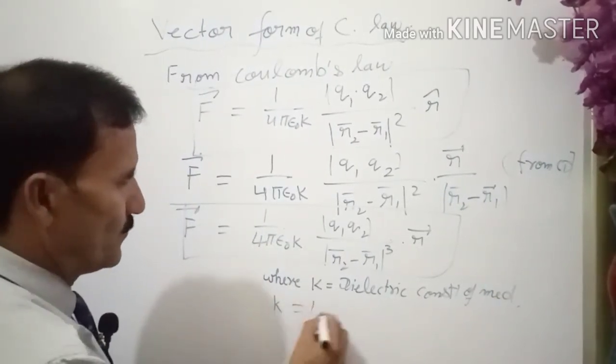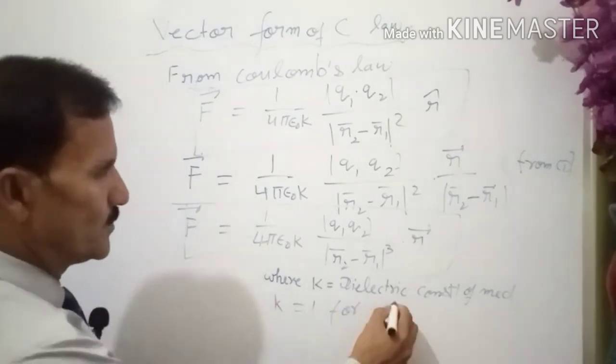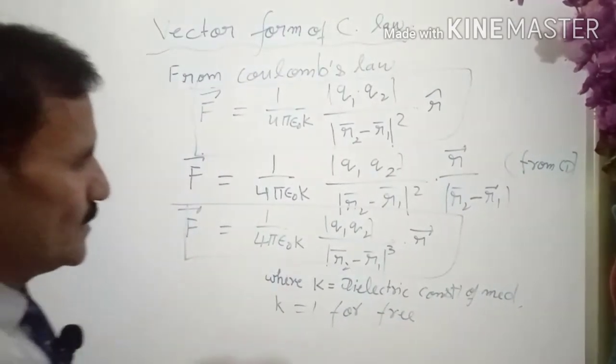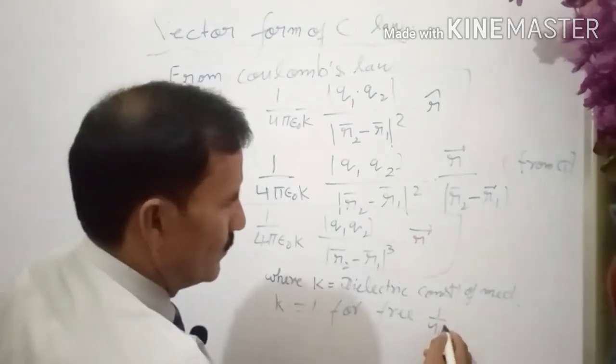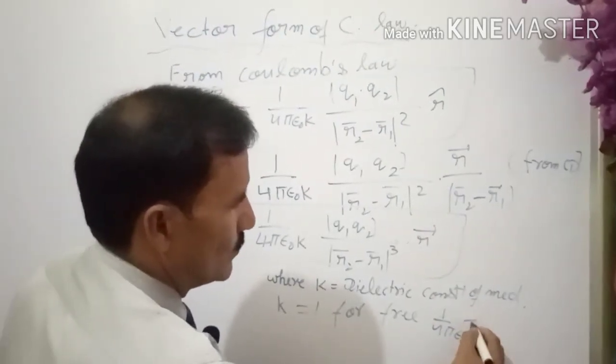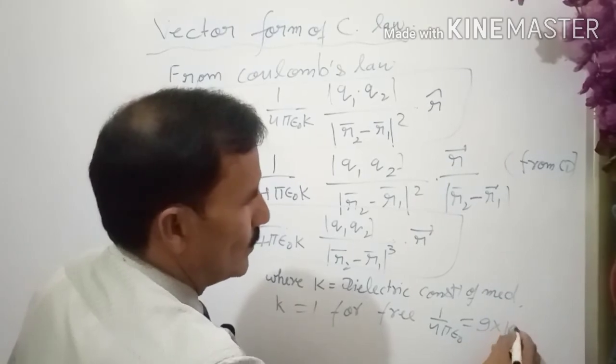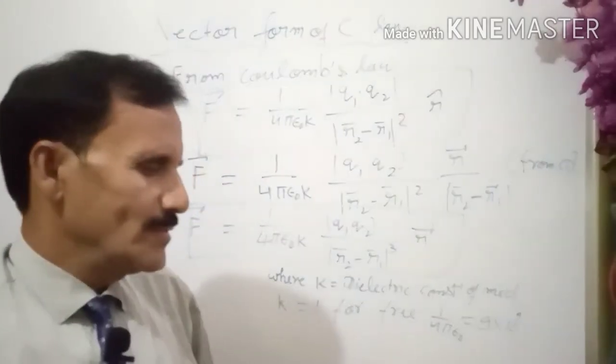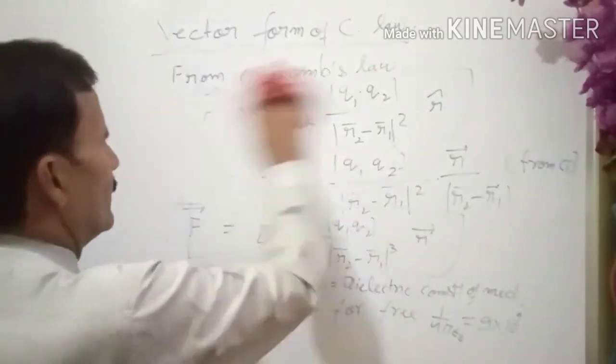K is 1 for free space, and then you can put here 1 upon 4 pi epsilon naught, which is equal to 9 into 10 raised to the power 9. So this is all about the vector form.